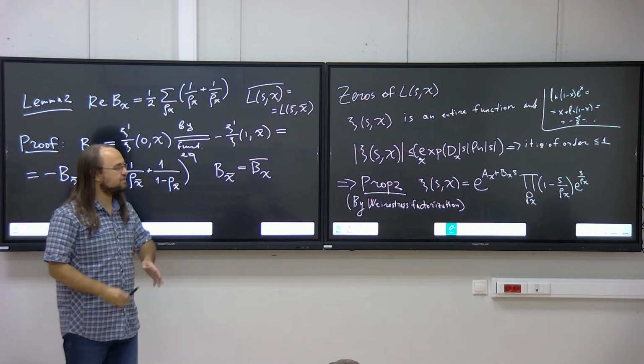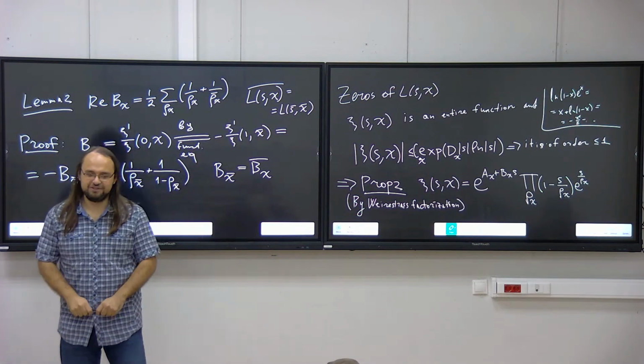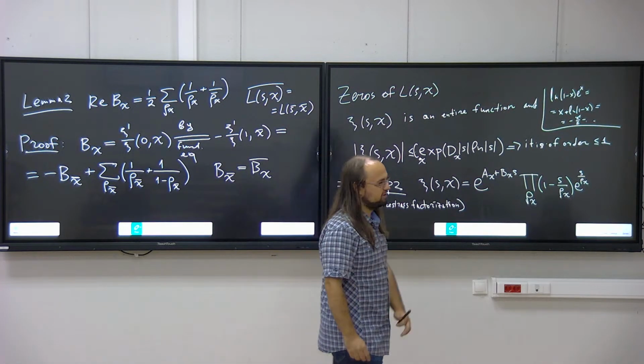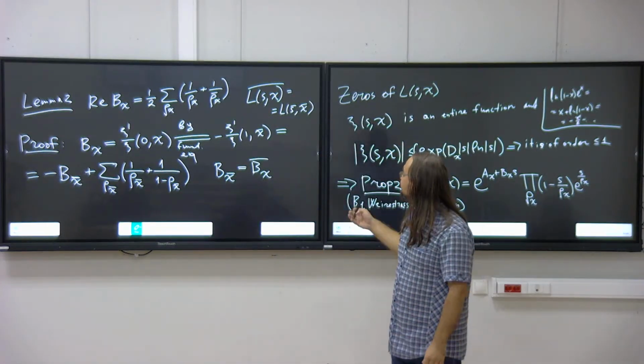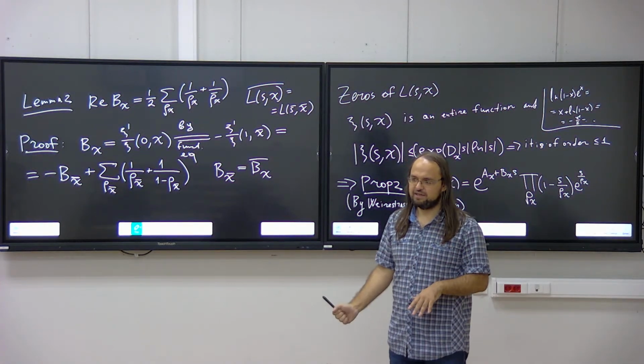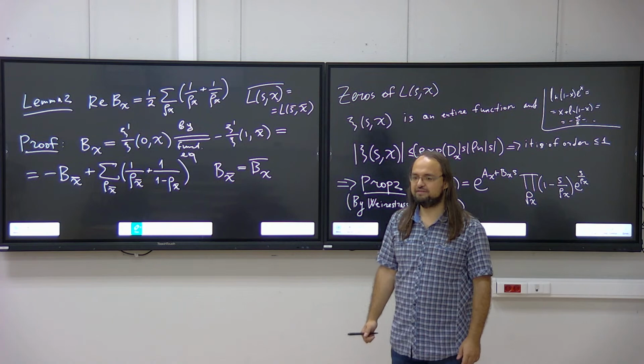So you have this formula. You can replace conjugation of L by conjugation of both s and chi.